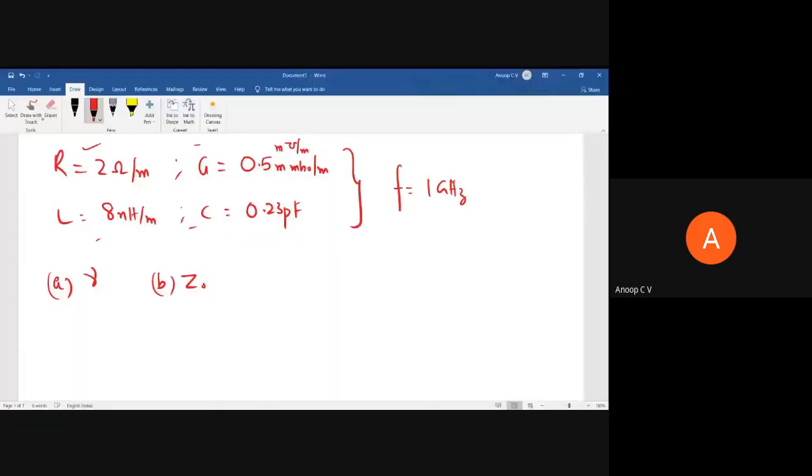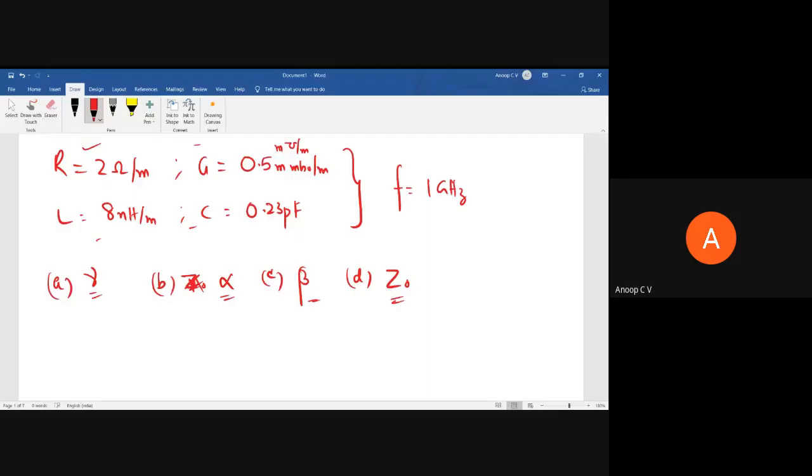So, sorry, propagation constant, alpha, beta, characteristic impedance. These are the things you have to find out. Sir, I think you're not audible. Is it 1 second? Now am I audible?